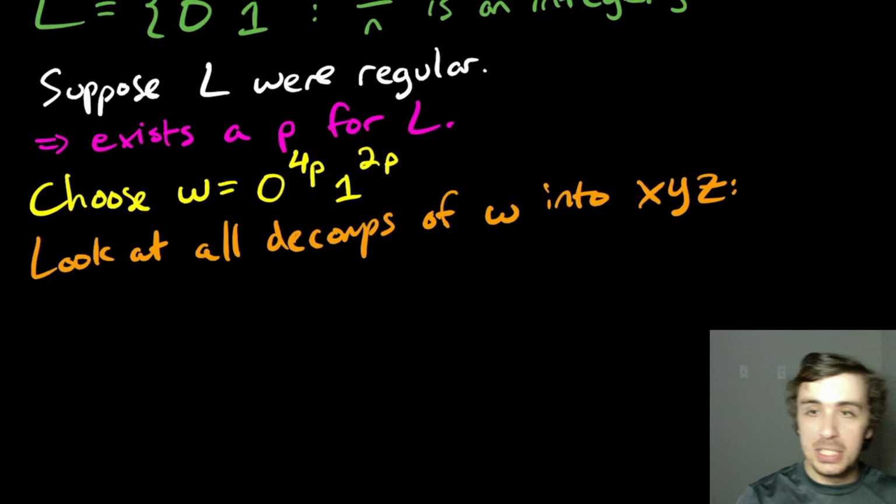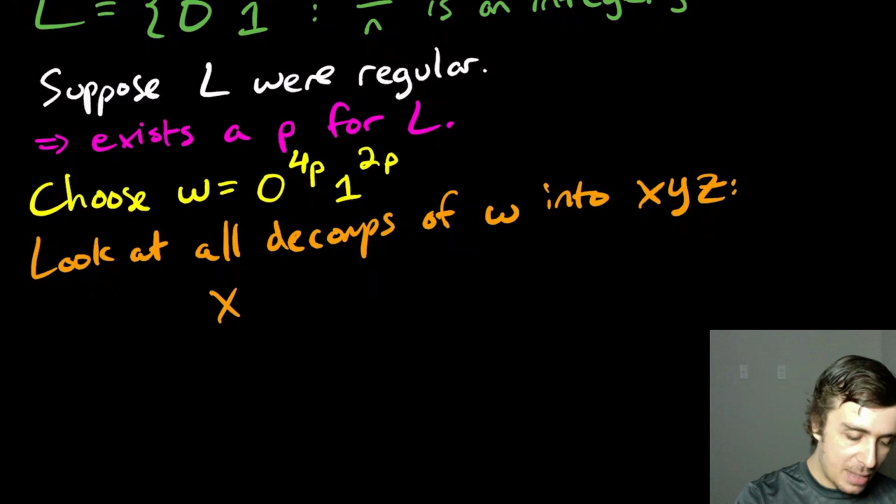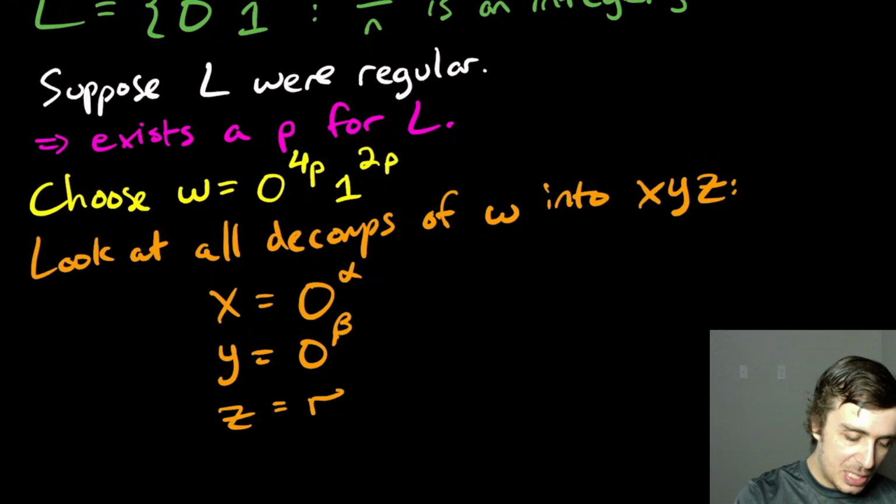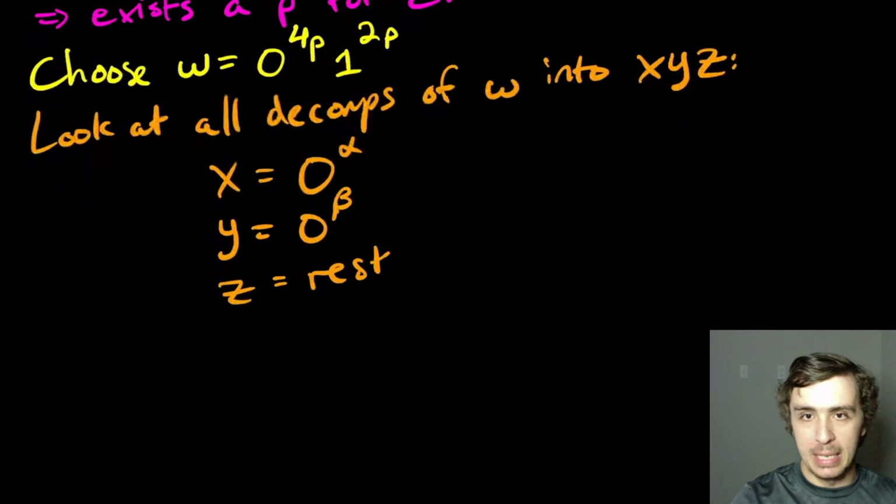Since x and y are at most P characters, and the first P characters are all zeros, we know that the x and y bit are some number of zeros only. Let's call them alpha and beta as the number of zeros. And z is the rest, which I'm not going to bother writing down.